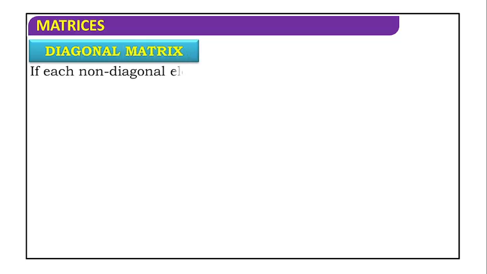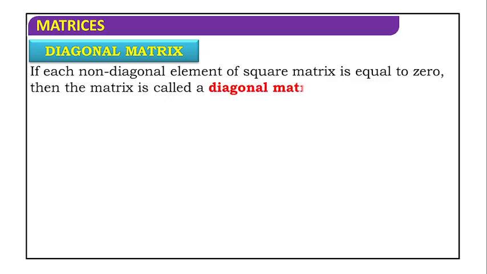Diagonal matrix. If each non-diagonal element of a square matrix is equal to 0, then the matrix is said to be a diagonal matrix.